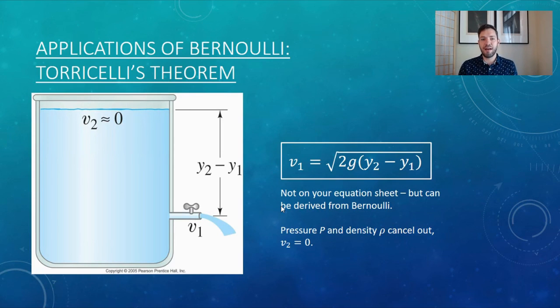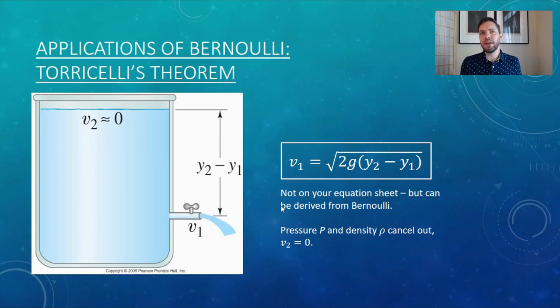So if you have a tank or some container, and you open it up, as that drains and that height starts decreasing, what you're actually going to see is that the velocity of the fluid coming out of that tap will decrease. You can do this at home. You will find that this is true.